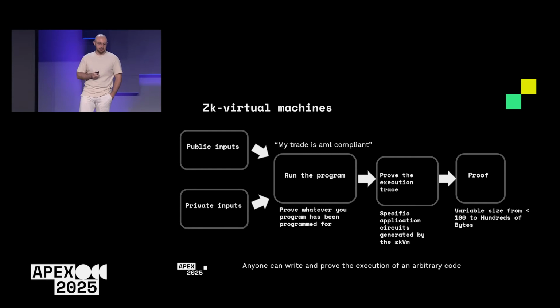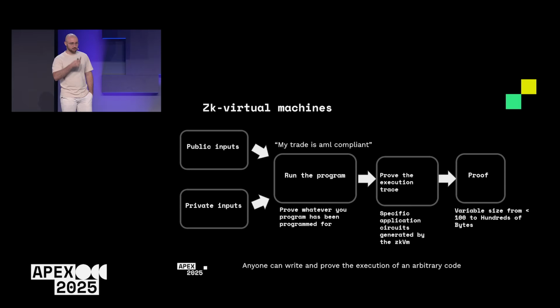The zero-knowledge virtual machine will build the circuit out of the code, and whenever you run the code, you will just get what we call the execution trace, which is each step your computing units executed. And from this trace, you will be able to prove that the execution went well without revealing whatever happened in the code and whatever the private inputs were.